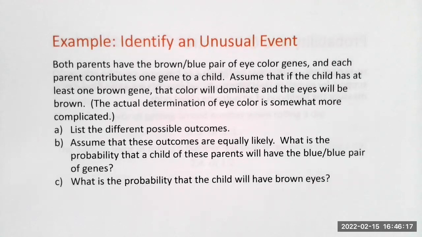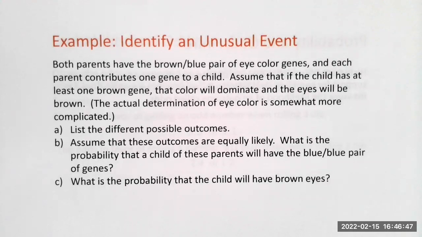I wanted to show you another example, and it's going to involve a different way of organizing the information. It says both parents have the brown-blue pair of eye color genes, and each parent contributes one gene to a child. Assume that if the child has at least one brown gene, that color will dominate and the eyes will be brown.